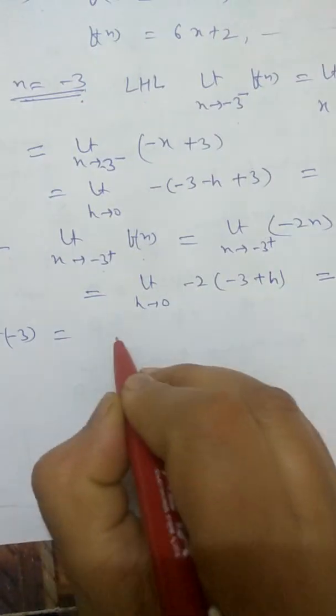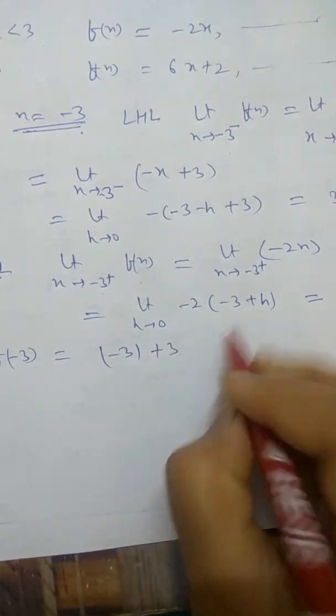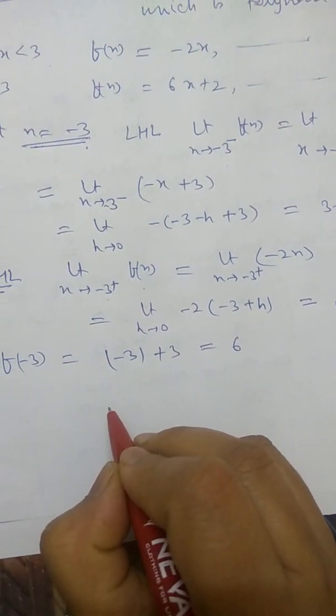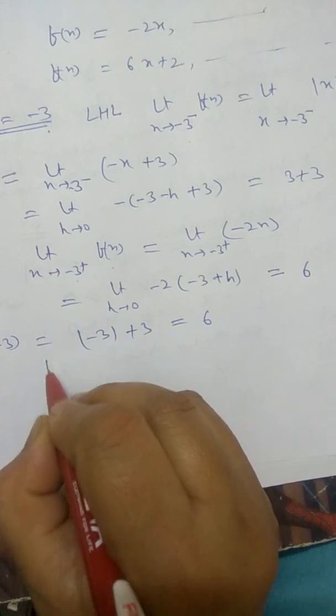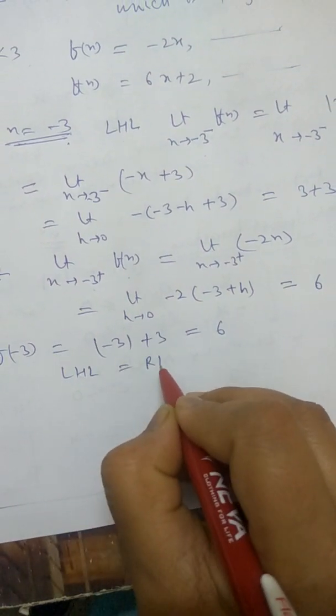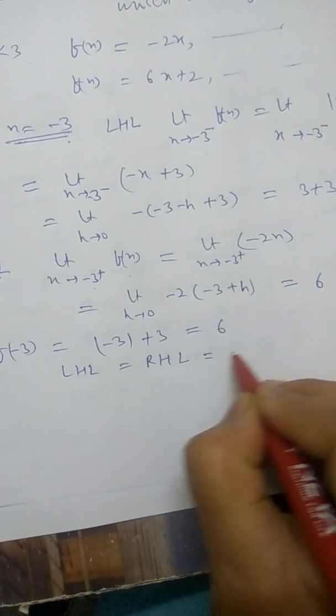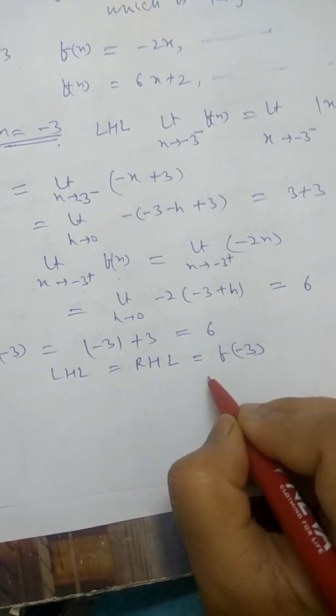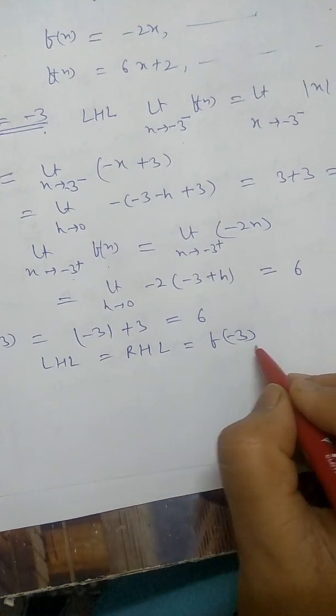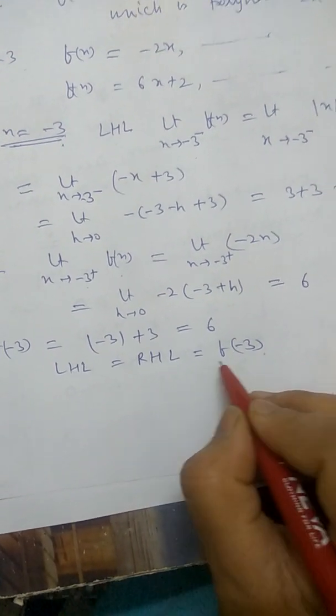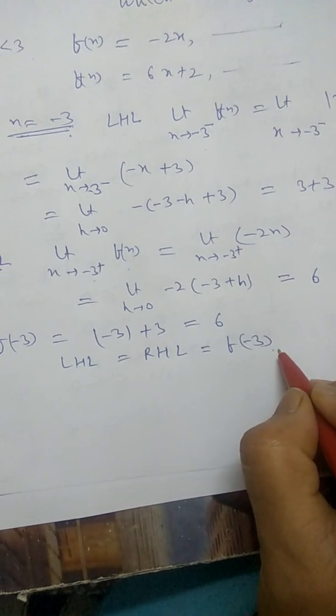Then it becomes mod of minus 3 plus 3, that is equal to 6. It means left hand limit is equal to right hand limit is equal to value of the function, and therefore this function is continuous at x is equal to minus 3.